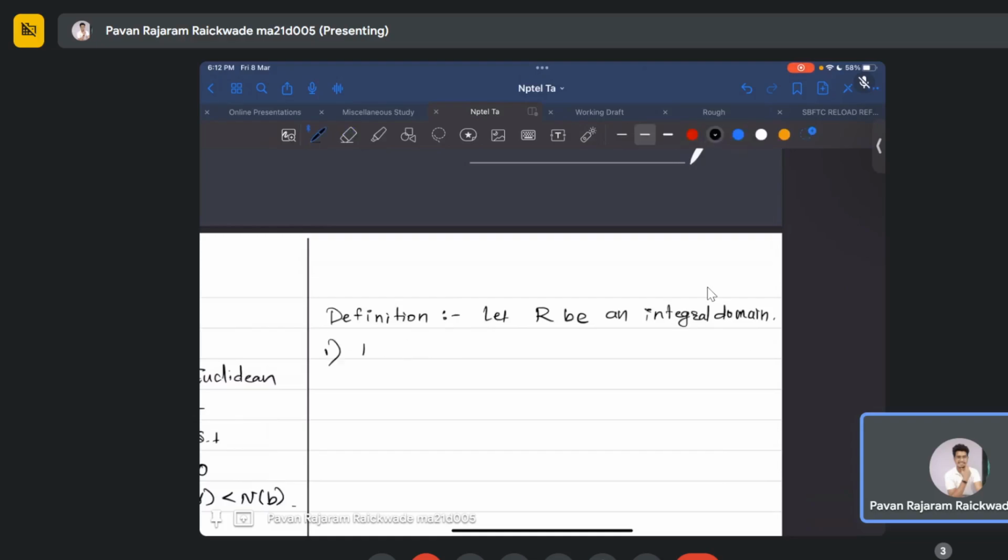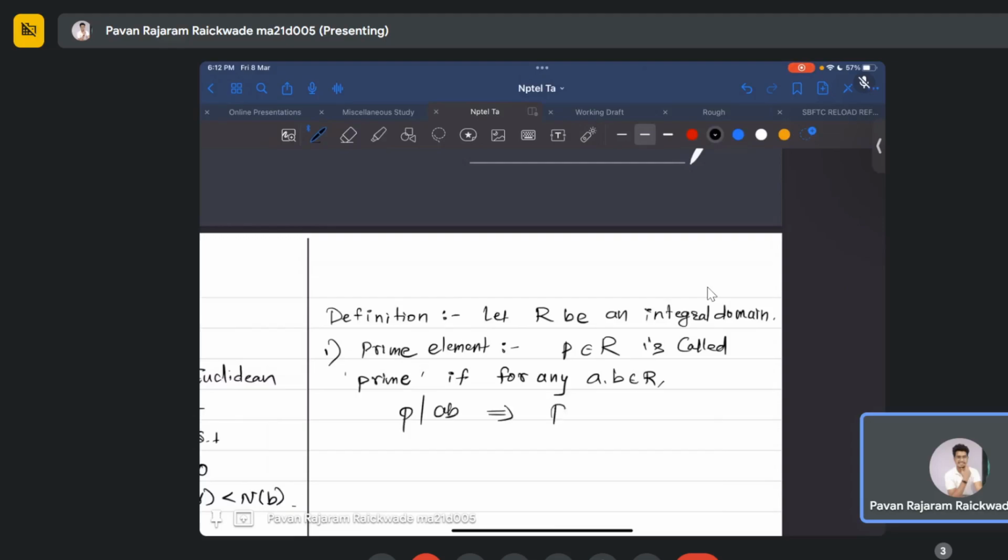The first definition is of a prime element. An element P belonging to R is called prime if for any A and B belonging to R, P divides AB implies P divides A or P divides B.